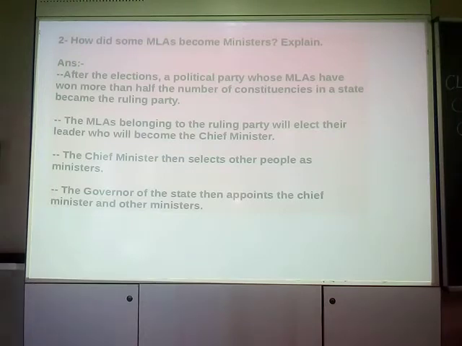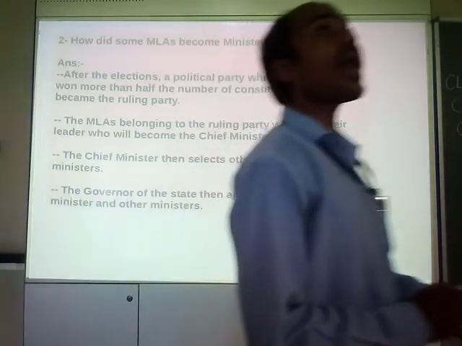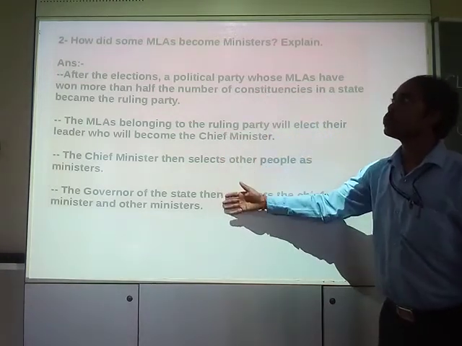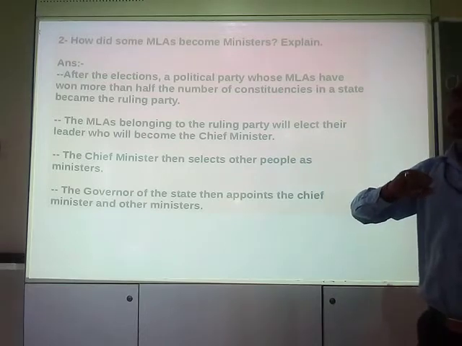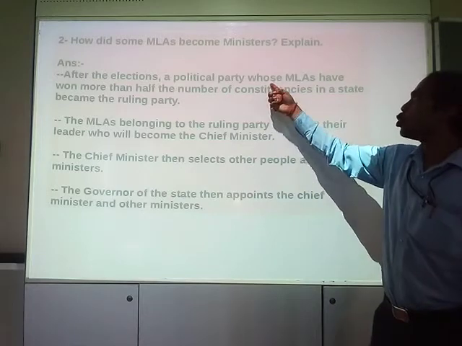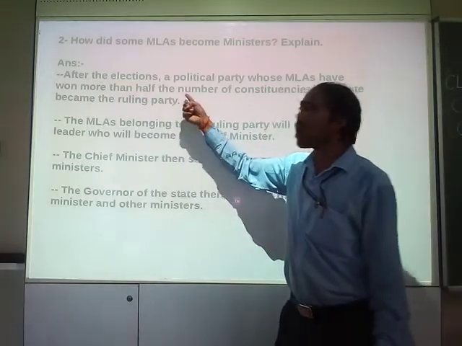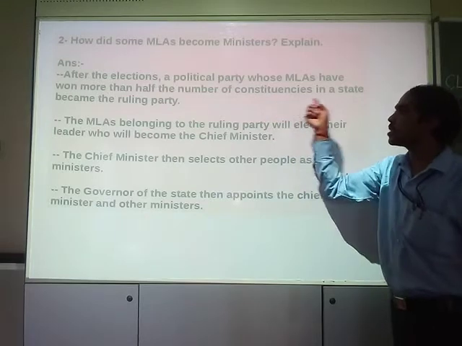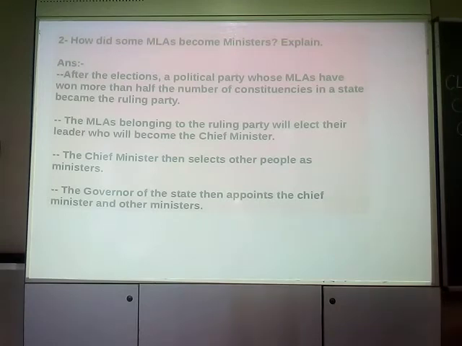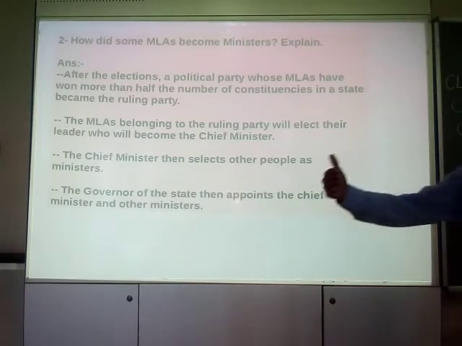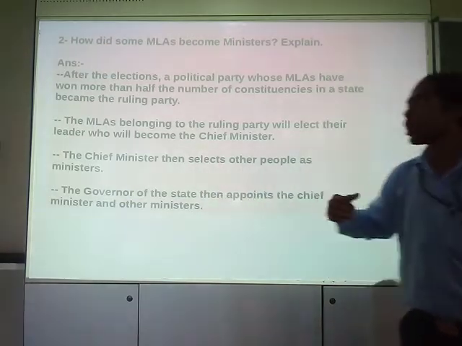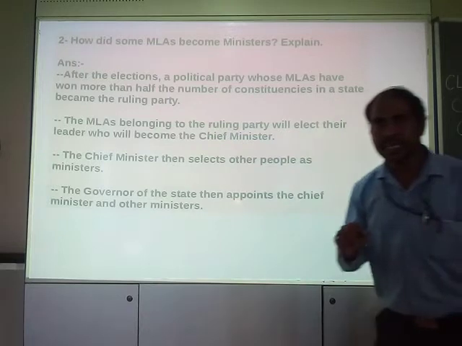Now another question, how did some MLAs become ministers? This is the thing, how MLAs become ministers. After the election, a political party whose MLAs have won more than half the number of constituencies in a state becomes the ruling party. That means the party which won more than half the number of constituencies, which have proved their majority, they become ruling party, right?